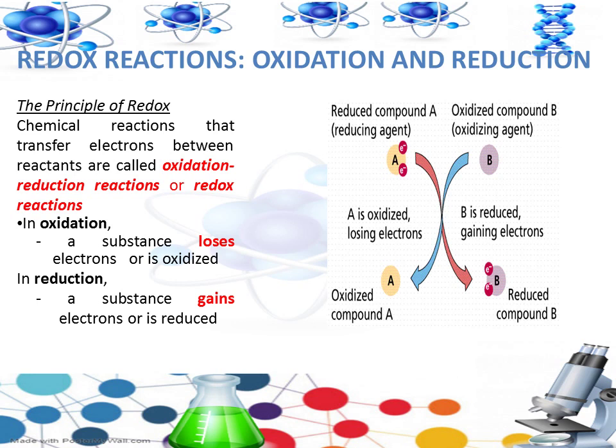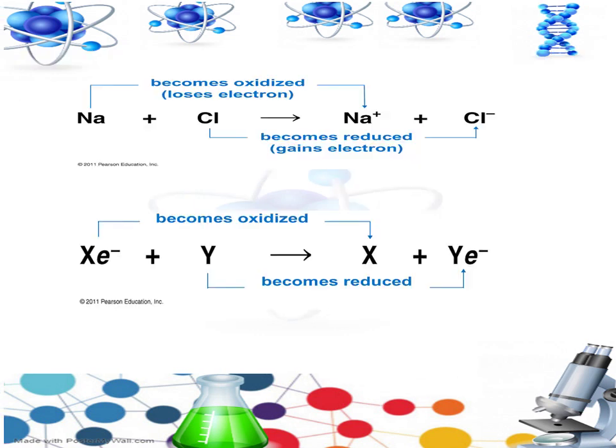And what happened to the upper A? We say the upper A is reduced because it's gaining the electron. So the same goes to compound B. Alright, this is another example of oxidation reduction process.